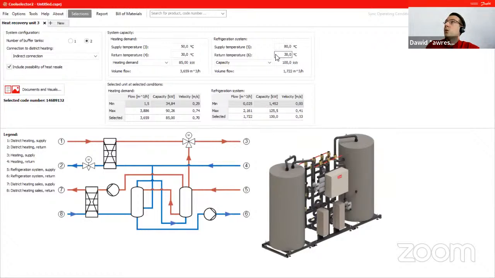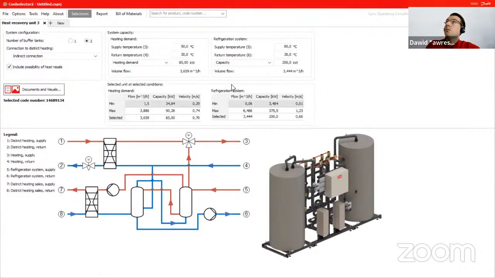The return temperature, as I said, should be the return temperature from your heating system. And then we also need to put in the capacity. So we can also increase this to, for example, 200 kilowatts.